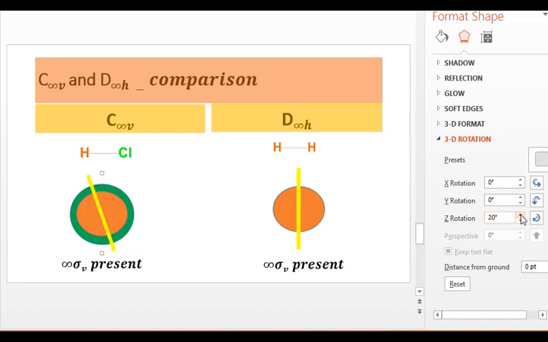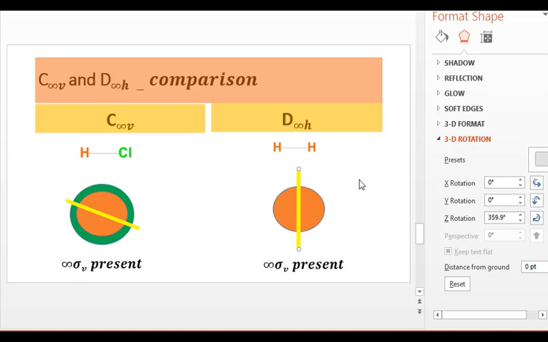We can rotate this plane. This is another sigma v plane, this is another sigma v plane, this is another sigma v plane. So like this, over 360 degrees you will find infinite sigma v's, both sides looking similar.